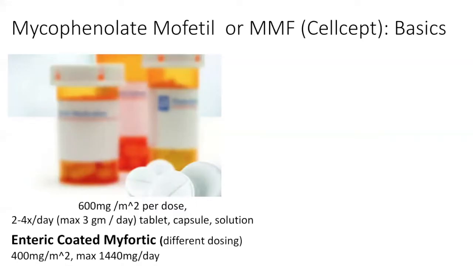There is another format of this medication called enteric-coated, which has the name Myfortic, and it has a little different dosing. So just a note, if you switch from one format of MMF to this Myfortic type of medication, even though they're both the same underlying medication, the dosing is different.